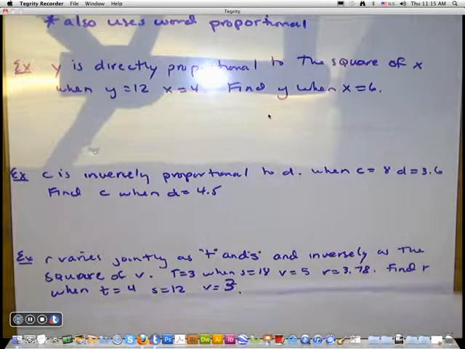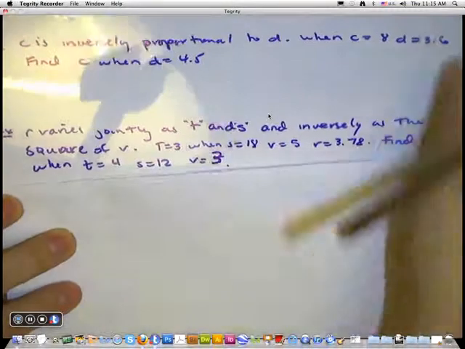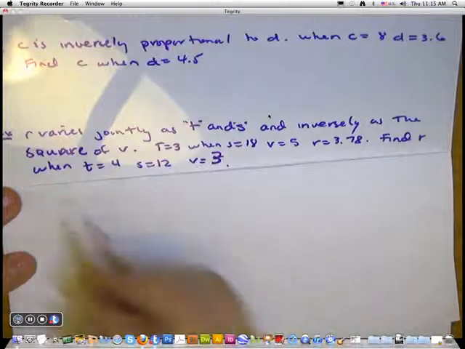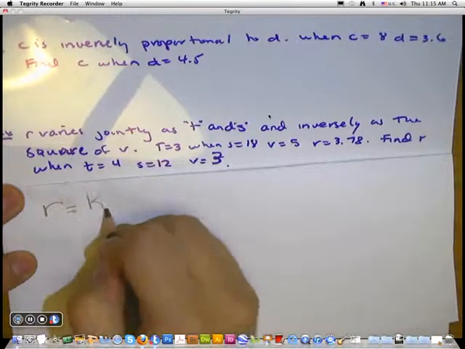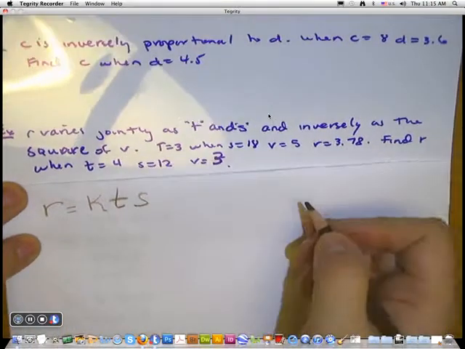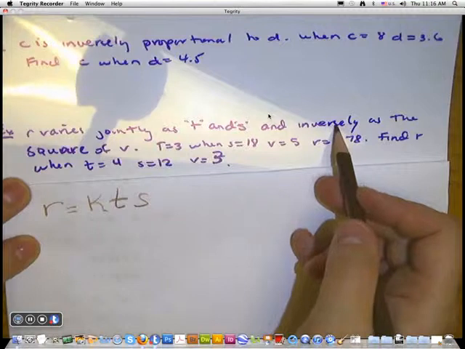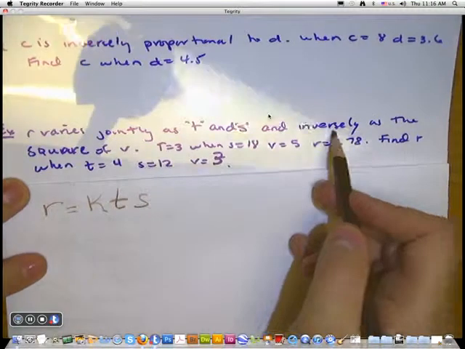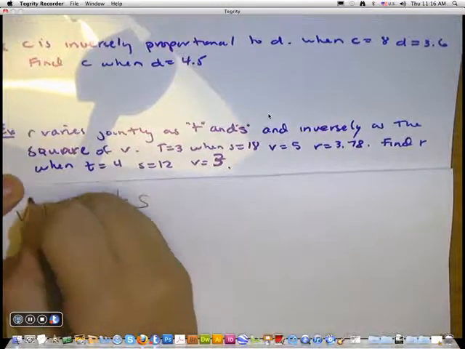Okay, so now we got 2 pieces of information going on here. One thing at a time. R varies jointly, so that means the other 2 pieces are over here, T and S. Inversely means same side. So inversely, same side as R, is the square of V.